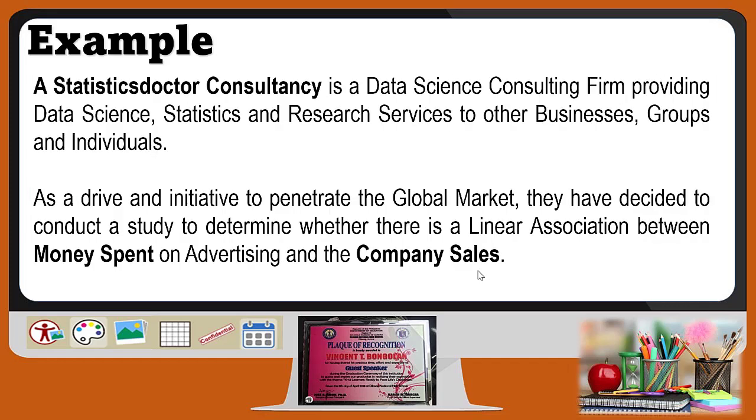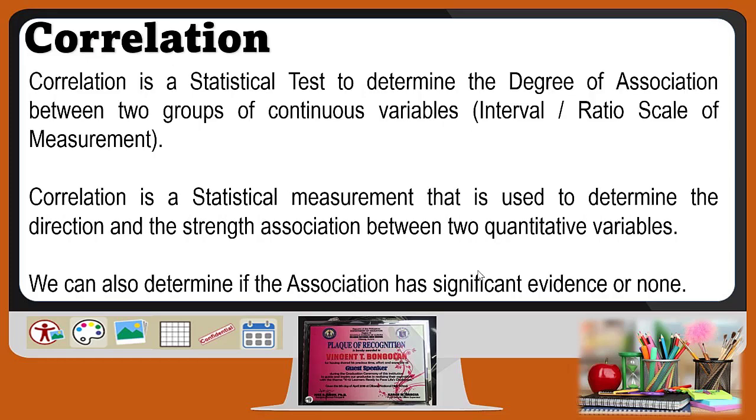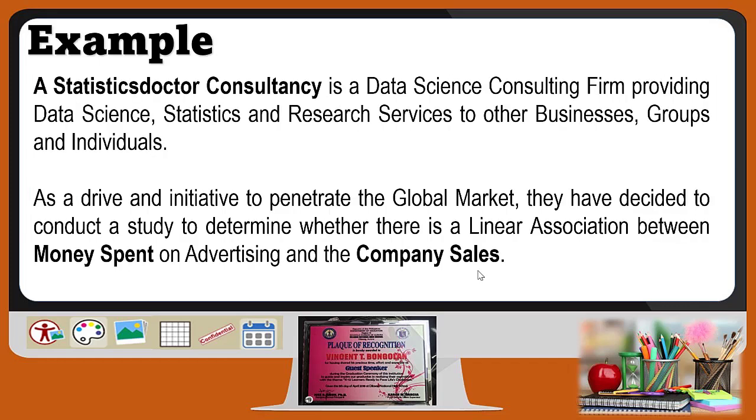Okay, and also, aside from the direction, we can also determine if the association or the relationship or the correlation between the two groups of variables is significant or not. Or meaning, will there be enough evidence on our decision?